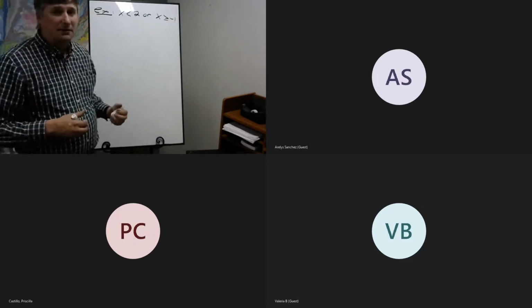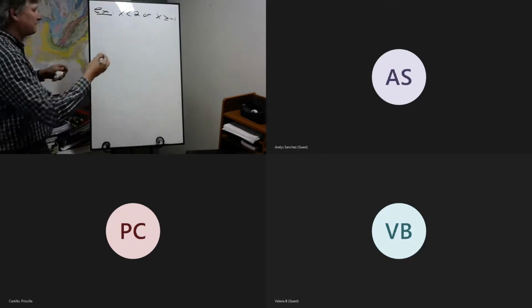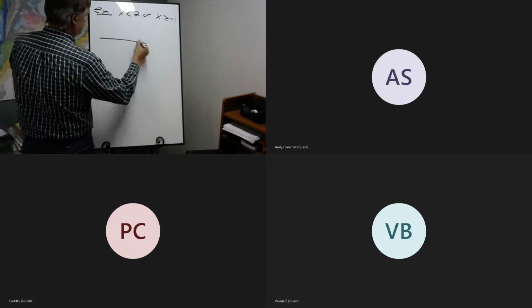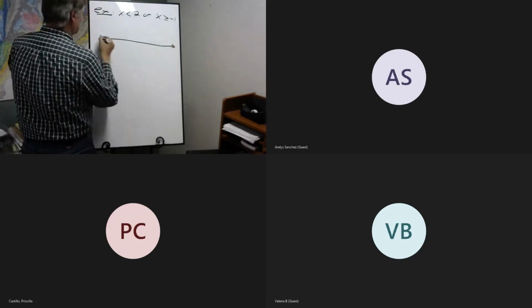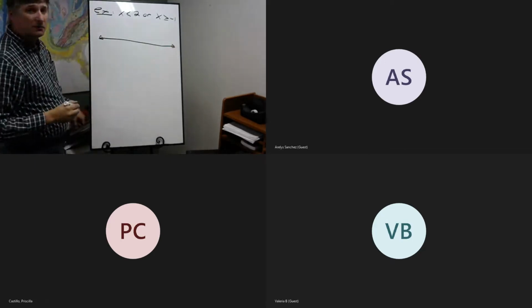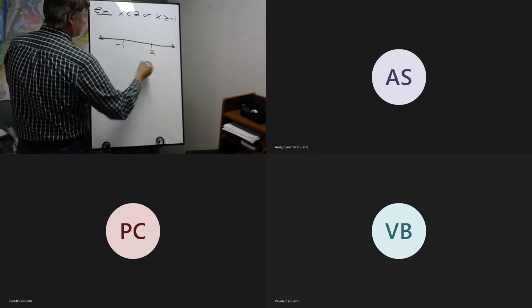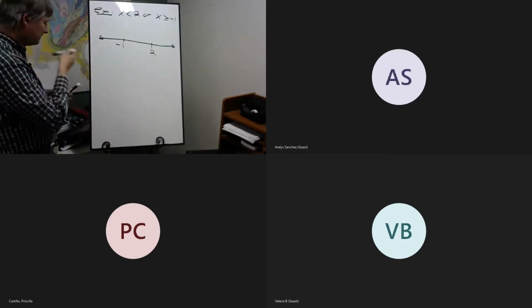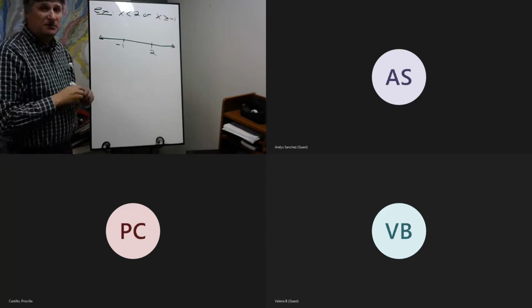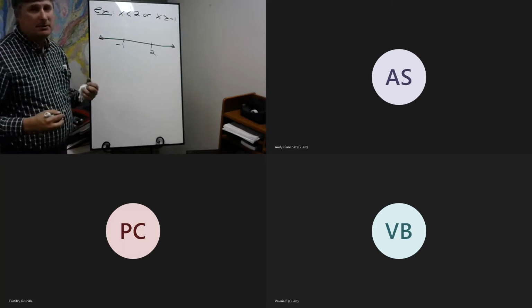So let's take a look at this. One way we can tell what's going on is to graph our intervals. For this first interval, x must be less than 2.